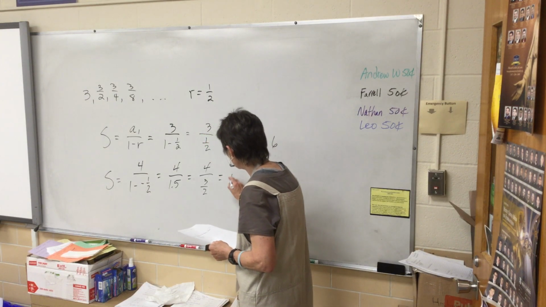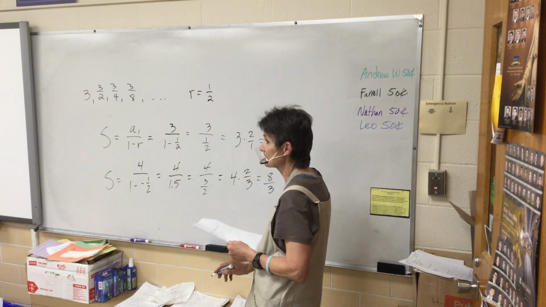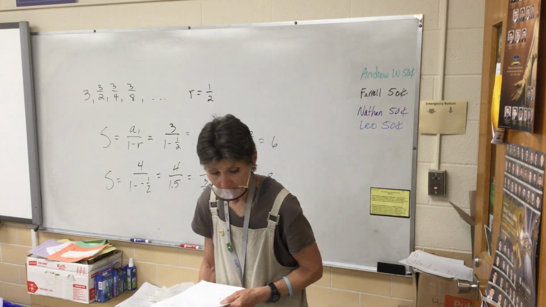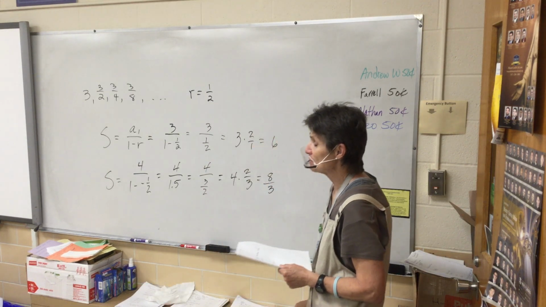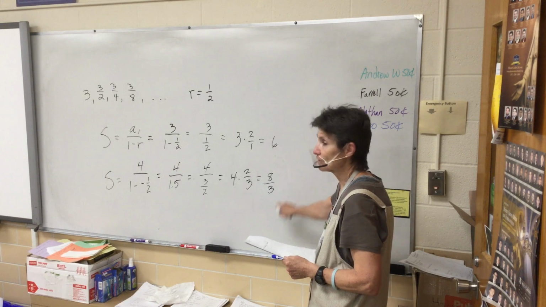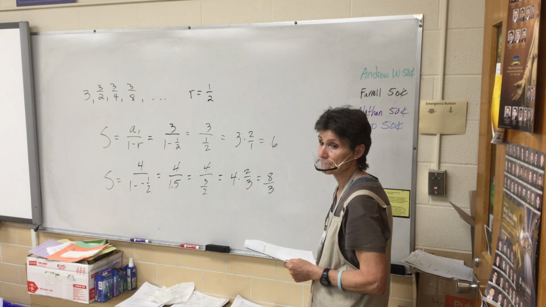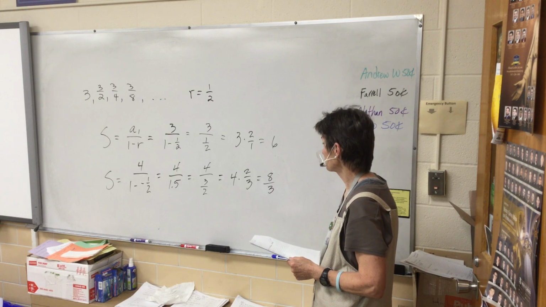So that's going to be 4 times 2/3, so that one works out to be 8/3. Now, let me be careful. If the decimal doesn't terminate, you can't round it off. So you're going to have to go back to 8/3 as the answer to that one. I kept flipping back and forth between decimal and fraction.